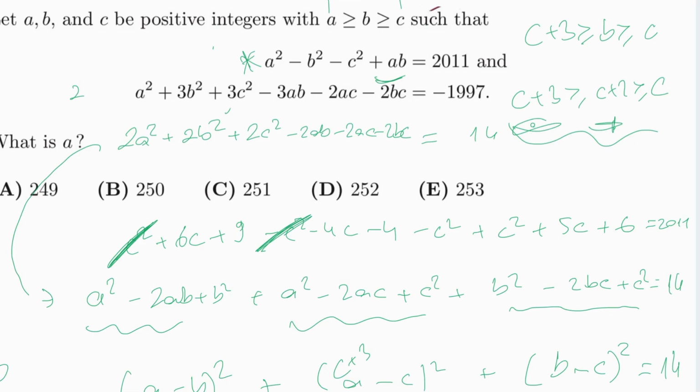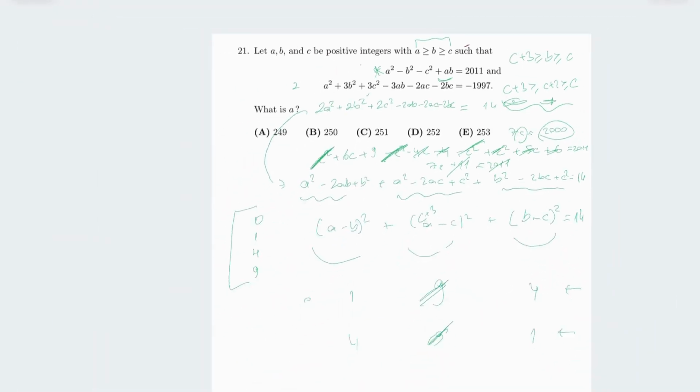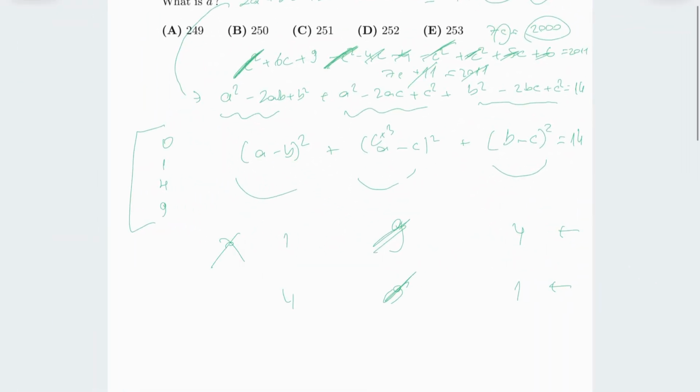Those cancel out. This is basically 7C plus 11 equals 2011. So this says that 7C equals 2000, which cannot be true because C is an integer, and 2000 isn't divisible by 7. So this isn't the case.